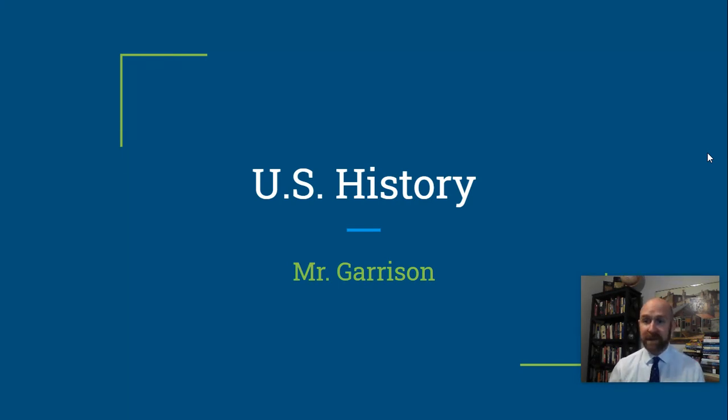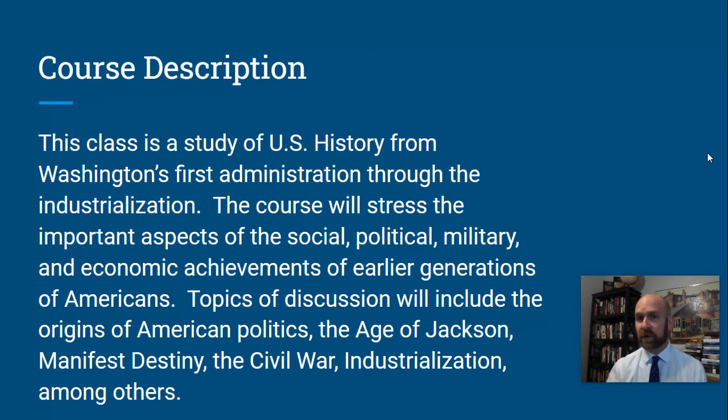So what is this class? Well, this class is a survey class of U.S. history. We are going to start with the Washington administration. We'll move all the way through industrialization. So, we're going to cover Jacksonian democracy. We'll cover the plight of the Native Americans.